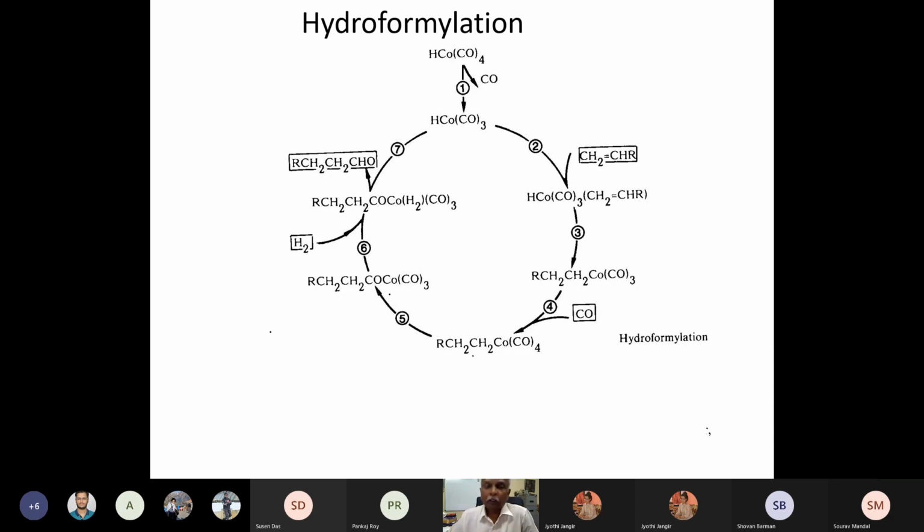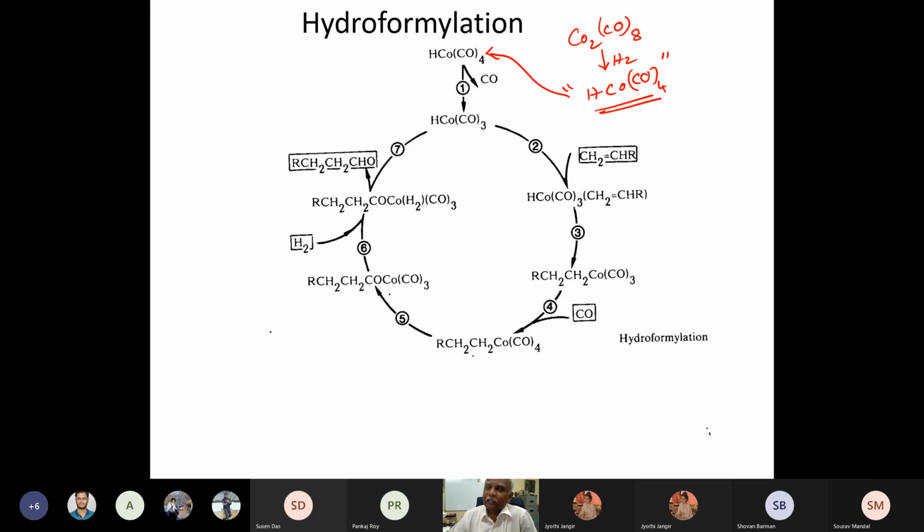Cobalt. One of the things that happens when you mix cobalt and carbon monoxide under high pressure with hydrogen is that it gets reduced to cobalt 0, which is of course Co2(CO)8, and that readily reacts with hydrogen to generate HCo(CO)4. So HCo(CO)4 is in fact the starting point for this process.